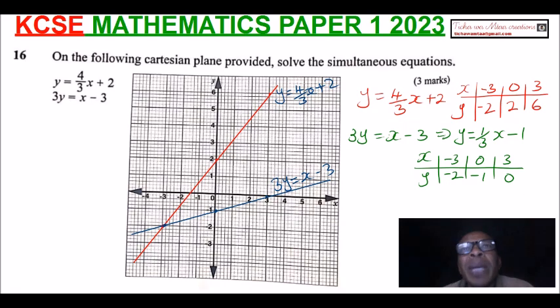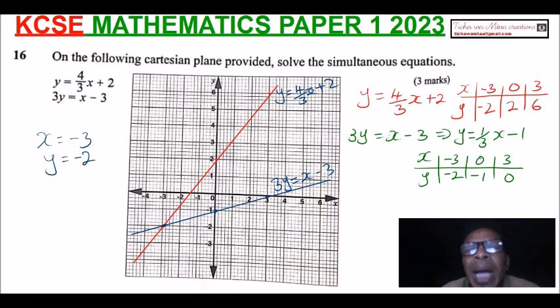We are told to solve the equations simultaneously. When you are using the graph, where the two graphs cut each other, that is where we have the solution. So the value of x is minus 3, and y is minus 2.